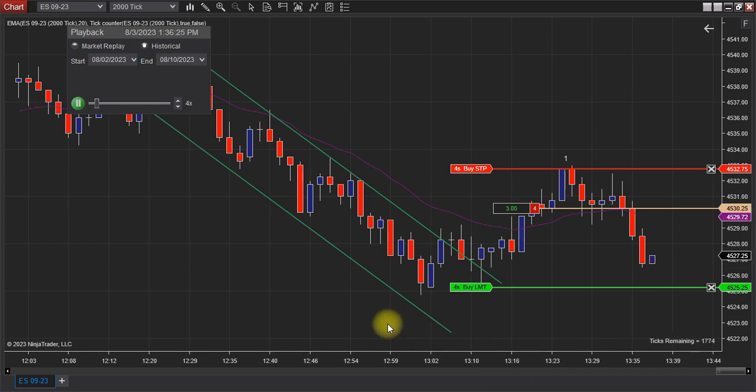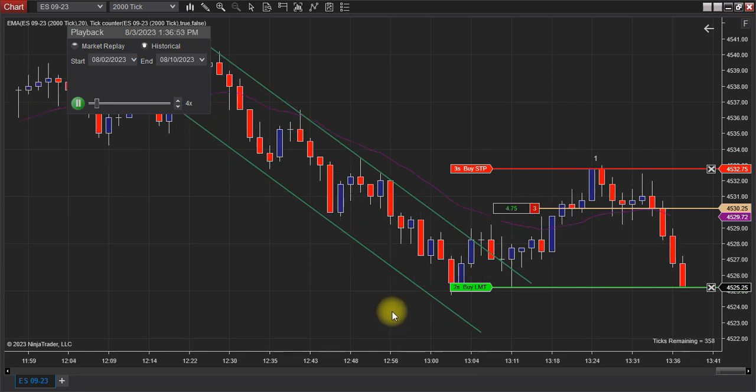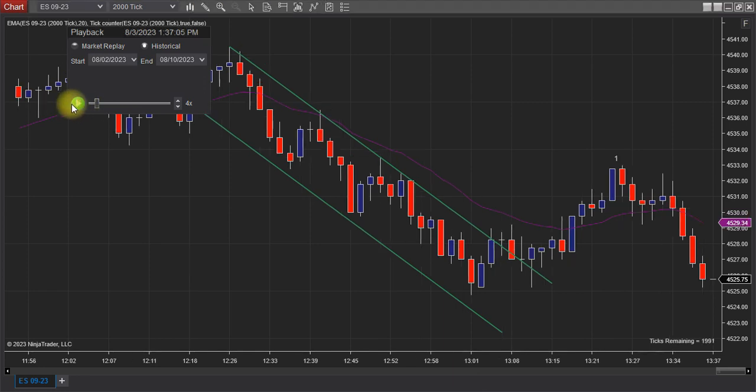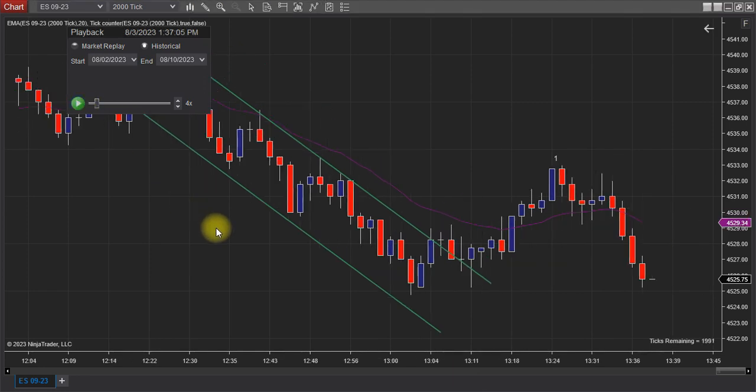Okay, let's see how this trade turns out. You know, it's not too bad. It really kind of goes to show the effectiveness of a strategy if I don't even need to find out if this trade is winning or not.